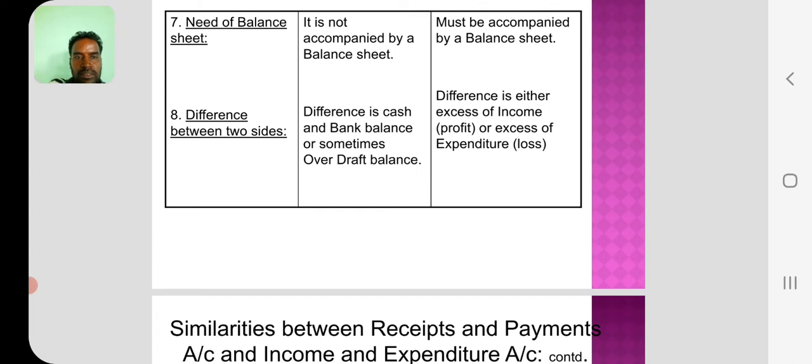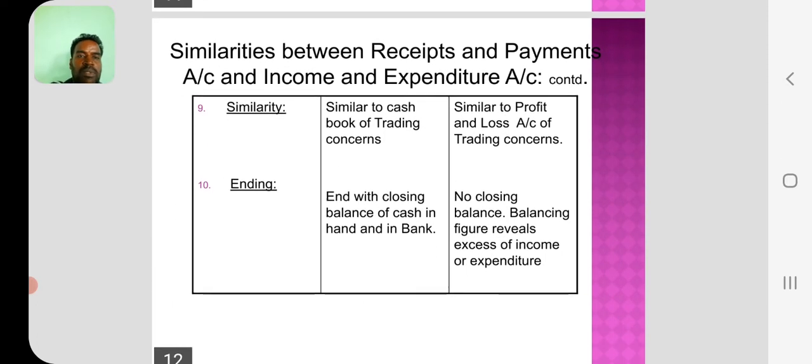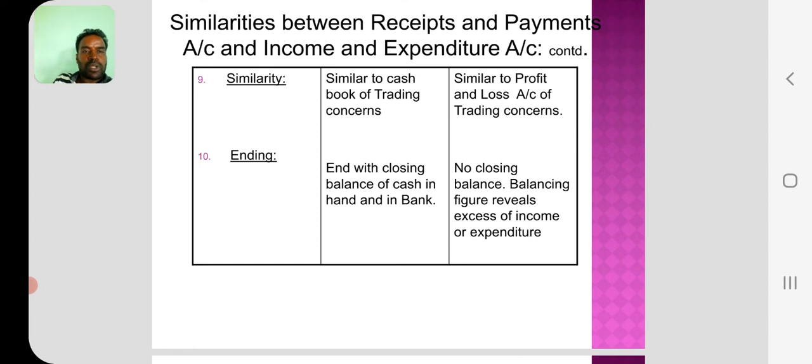In income and expenditure, the difference is either an excess of income, called surplus or profit, or an excess of expenditure, called loss or deficit. The similarity to the cash book of trading concerns is the same as receipts and payments account. Cash book is the same, and income and expenditure and profit and loss account are the same.